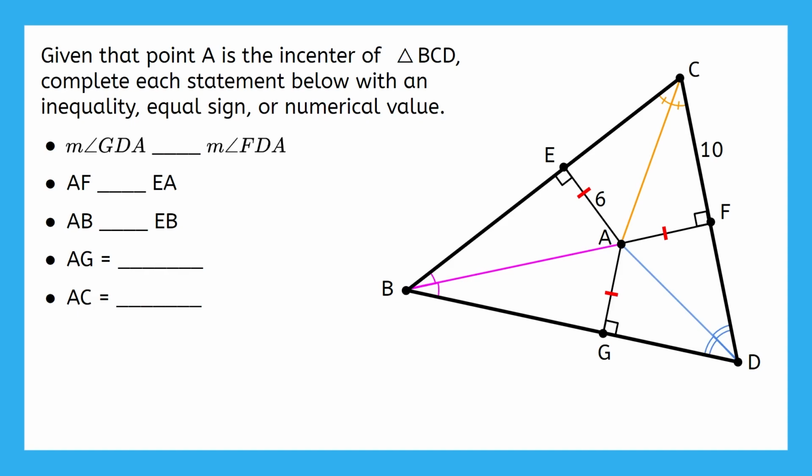Now that we have all of our congruences marked, let's check out the parts of this problem. These 3 answers will involve inequalities or an equal sign, and these final 2 sections will require a numerical answer. Think of this as a 2-part problem so it doesn't seem so big. Try to get through the first section, and then see what you can come up with for the second section. Pause the video now, and try this problem out on your own.